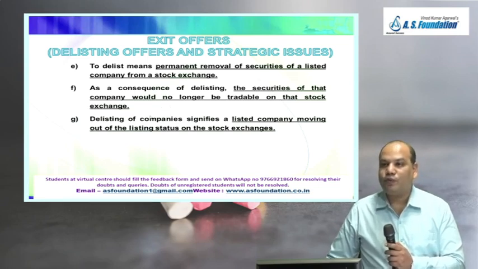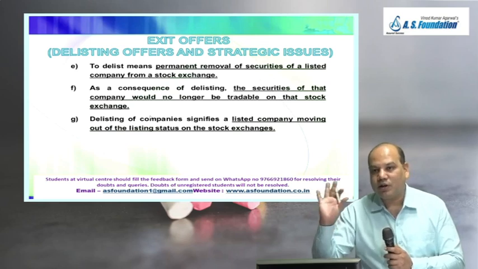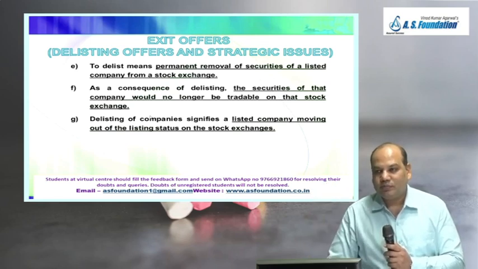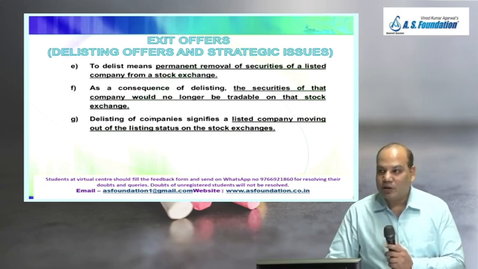Sometimes they are not able to fulfill the rules and regulations for listing purposes. So after getting a warning from the stock exchange, they might be delisted by the stock exchange. For example, 25% of the shares must be with the public. If you want to become a listed company, at least 25% of shares should be with the public.